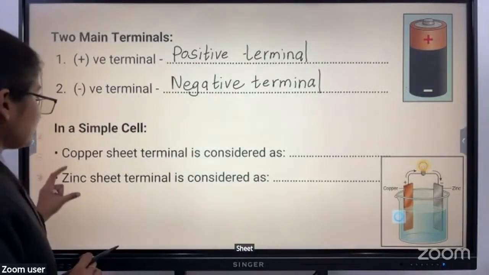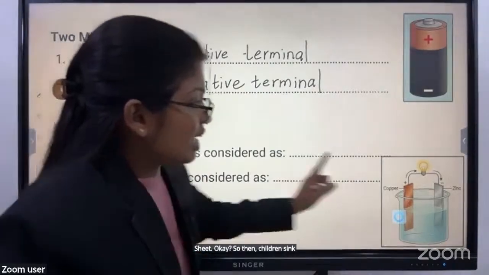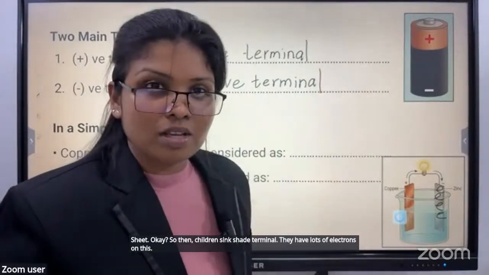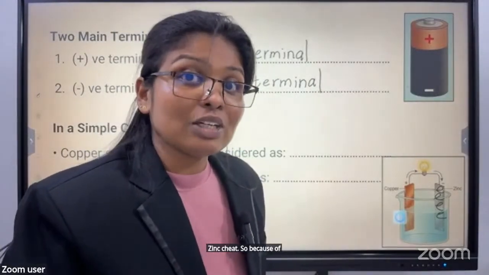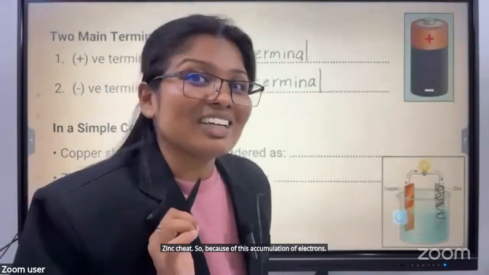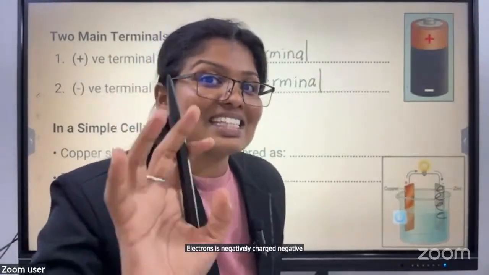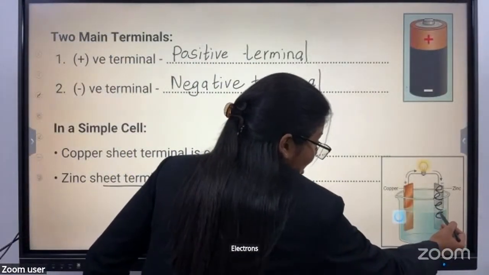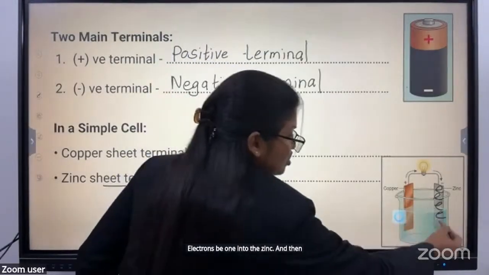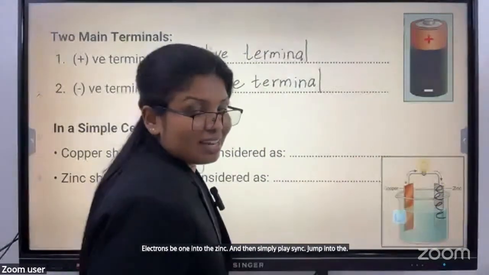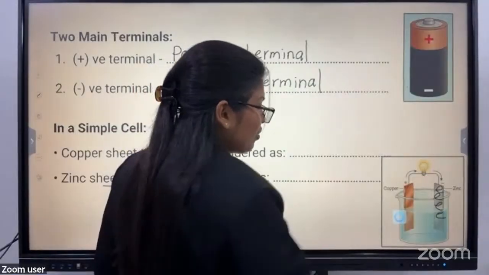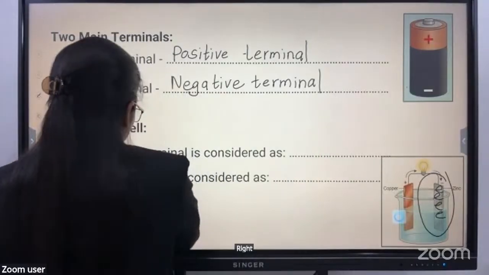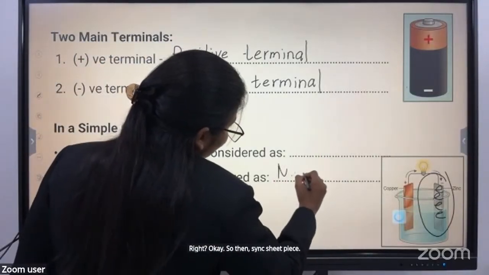So the zinc sheet has a lot of electrons, and because of this accumulation of electrons it is negatively charged. That is the negative terminal. Electrons are given into the zinc, and then zinc depletes and jumps into the dilute sulfuric acid, so the electron content is really high. So the zinc sheet is the negative terminal.